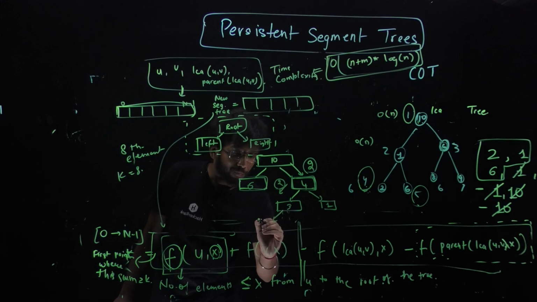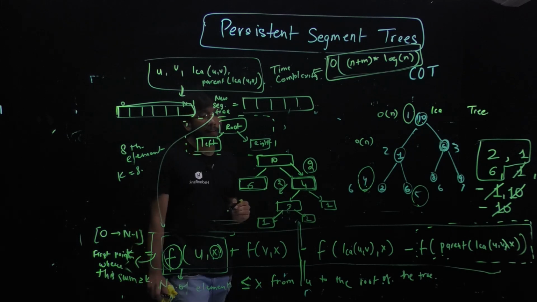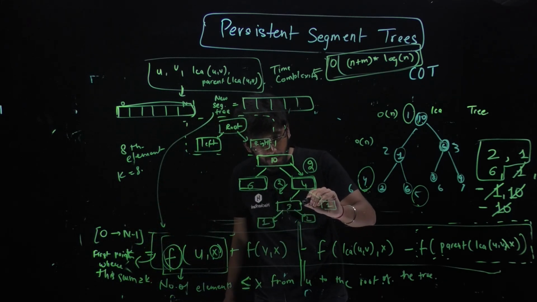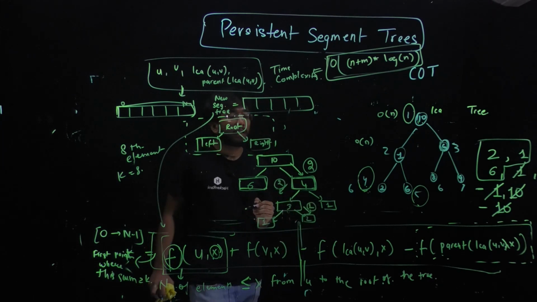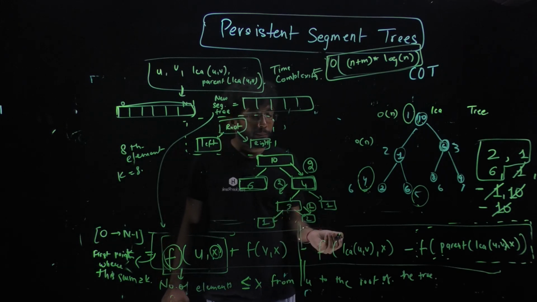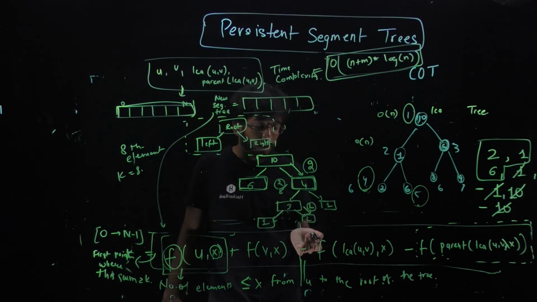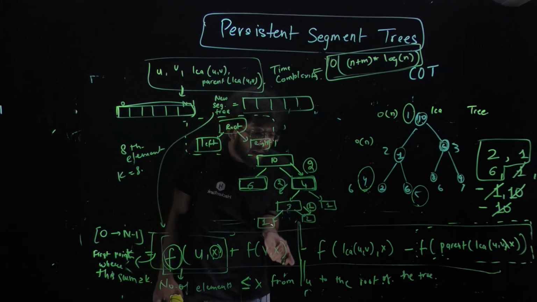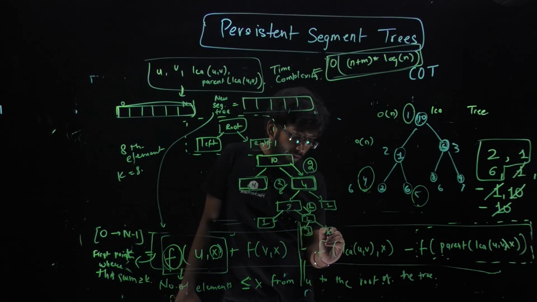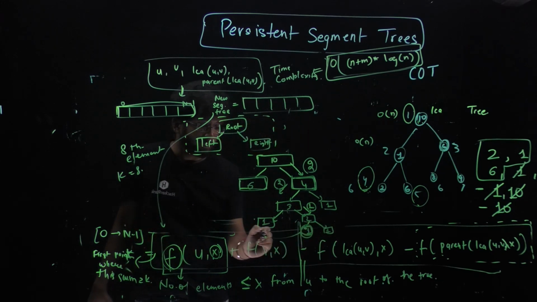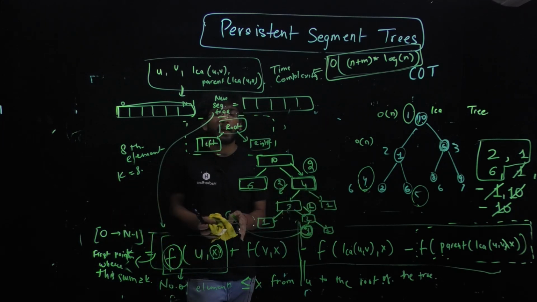And now if I have 1 element over here and 2 elements over here, then I know that 2 minus 1, the first element here which has a value greater than or equal to 1, is the person that is the answer to my kth element query. And now if it has a 1-1 structure, then I know that it is this person.